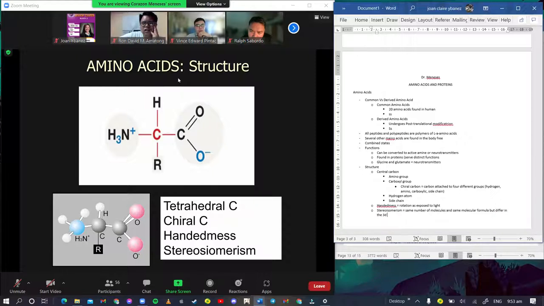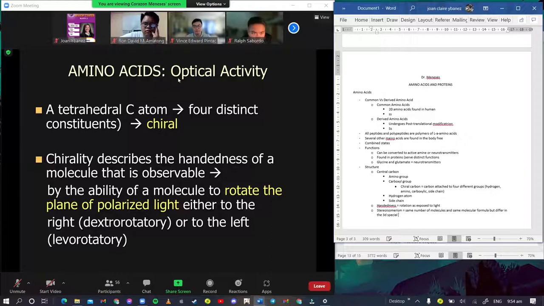Okay, so we will go on. That is correct. It is the special 3-dimensional configuration of the atoms in the structure. So tetrahedral, that is why it is called chiral. Then chirality will describe the handedness of the molecule by its ability to rotate the plane of the polarized light either to the right or to the left.